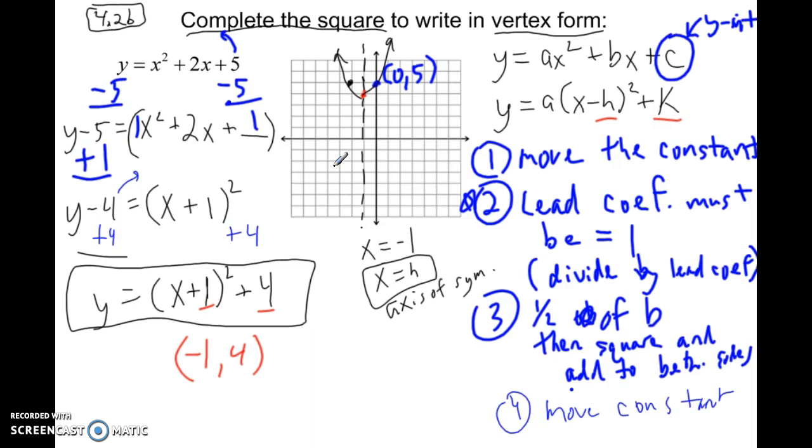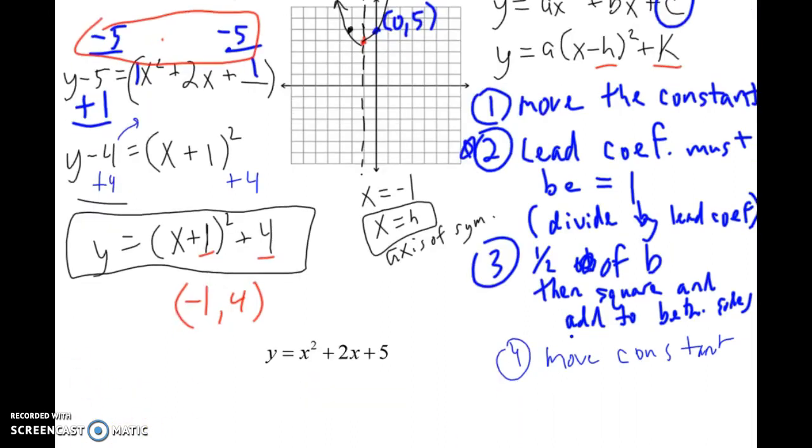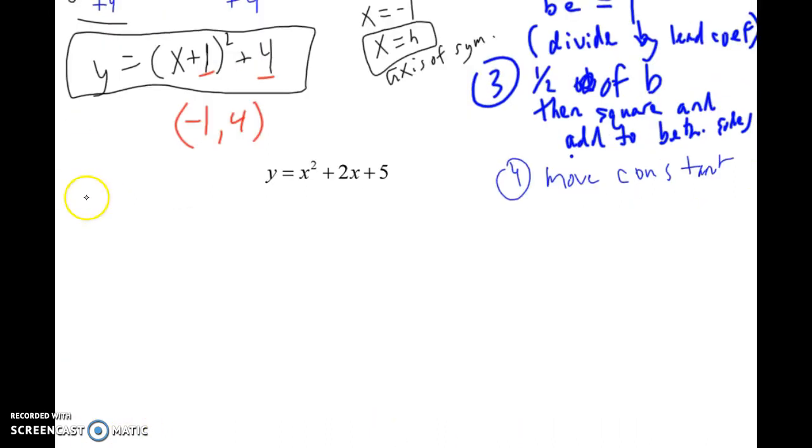Let's look back at this problem. Let me just bring this down to give us some room here. I'm going to pretend to start doing the quadratic formula on this. So I'm going to say x equals the opposite of b, which would be the opposite of 2, over 2 times 1, plus or minus the square root of 4 minus 4 times 1 times 5, over 2.